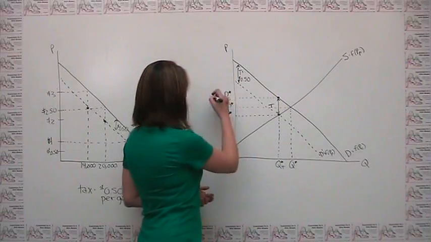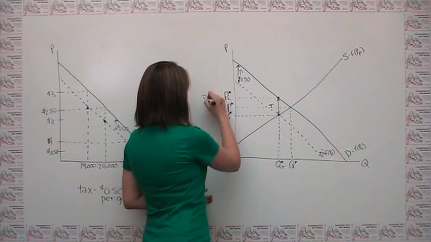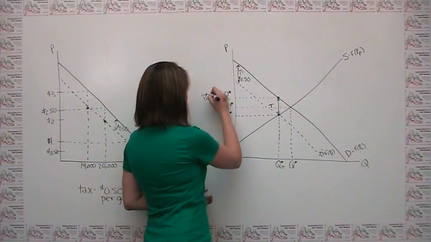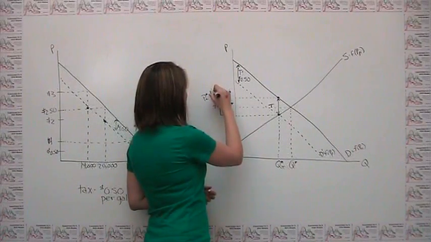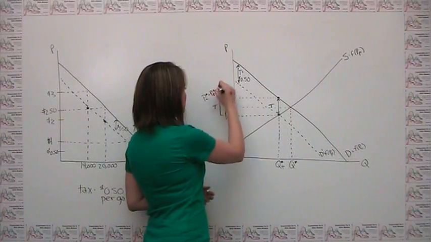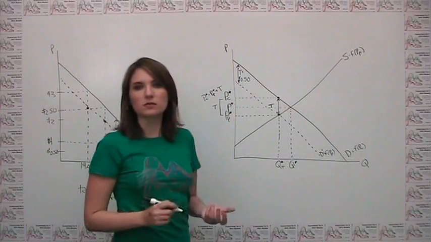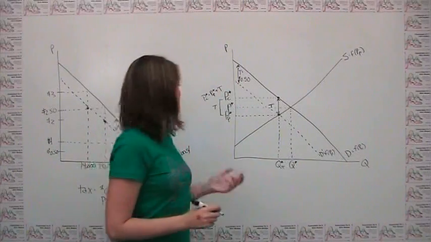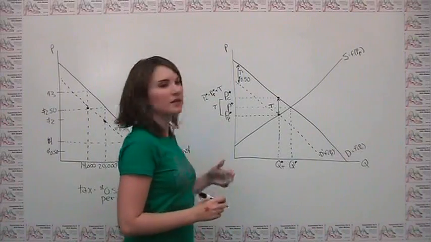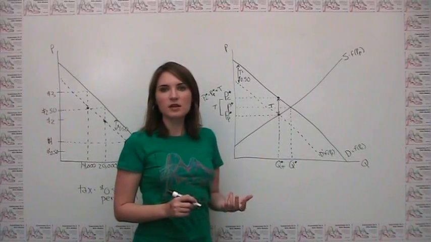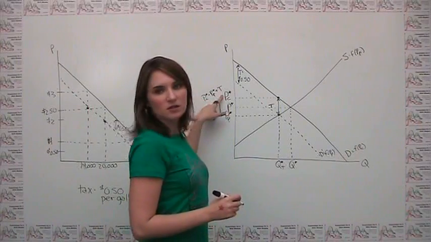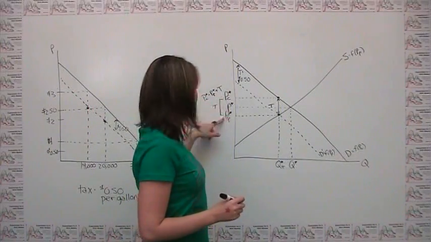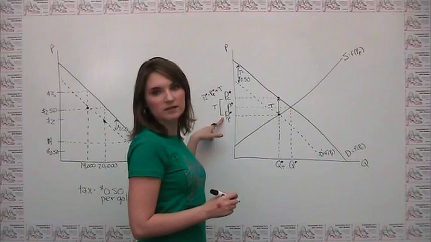And again, we have the relationship that P sub C, what the consumer pays inclusive of the tax, is equal to what the producer gets to keep plus the amount that goes to the government. So if you ever get stuck thinking which point is which, just remember that when you have a tax, the price to the consumer, just logically speaking, has to be higher than the price to the producer.